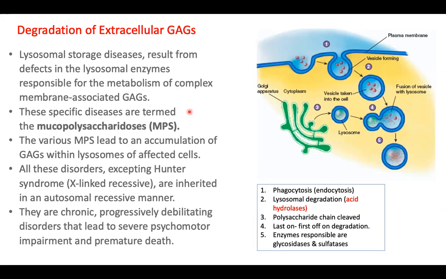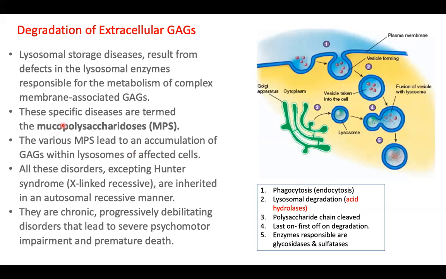Because what we're going to go into is if there is a problem in this process. If for whatever reason my lysosome cannot break down the GAGs, I'm going to have an accumulation of the GAGs, right? That makes sense. The GAGs are going to build up inside of my body.